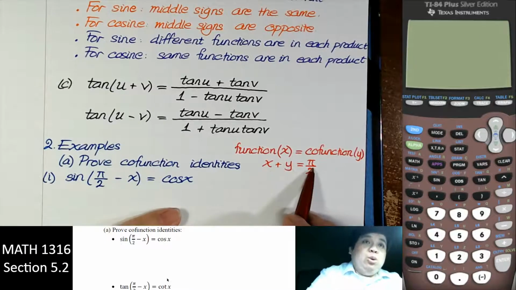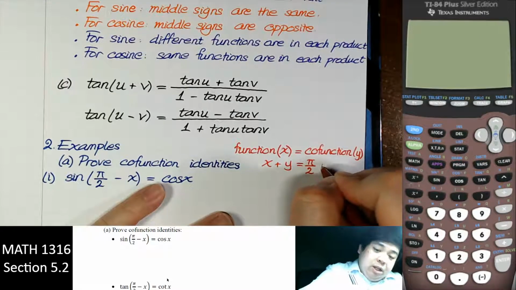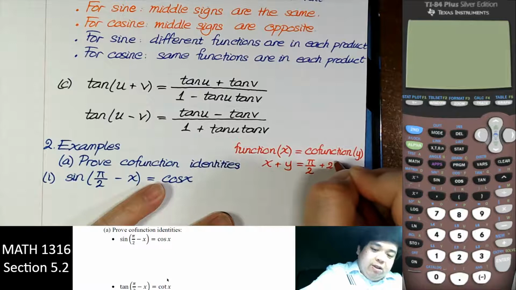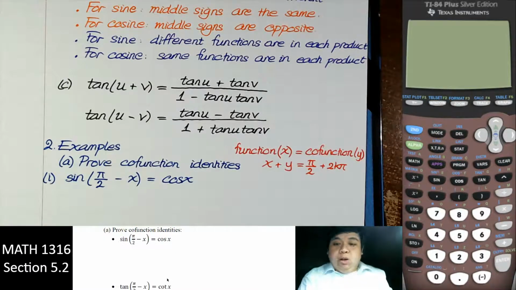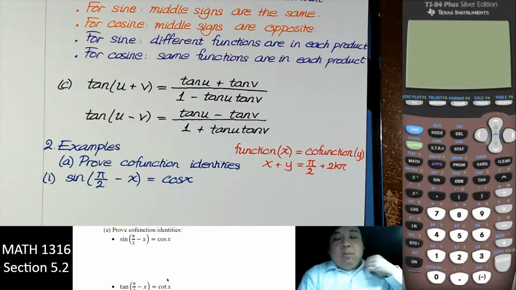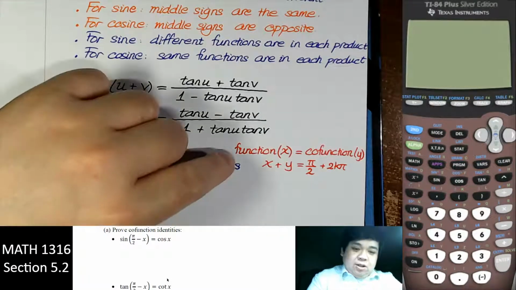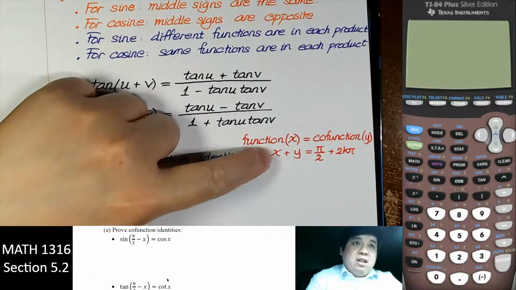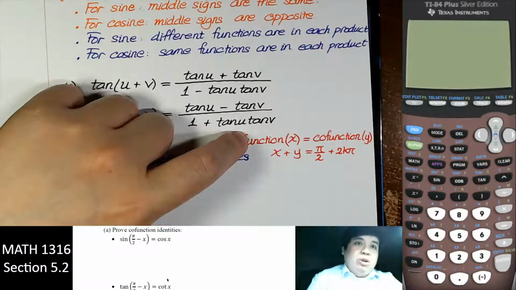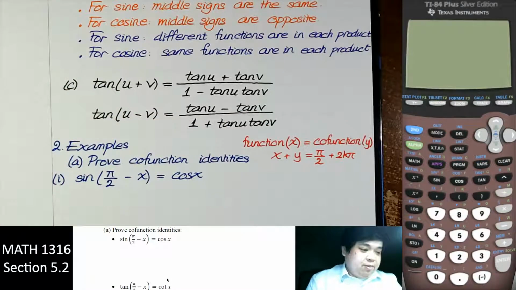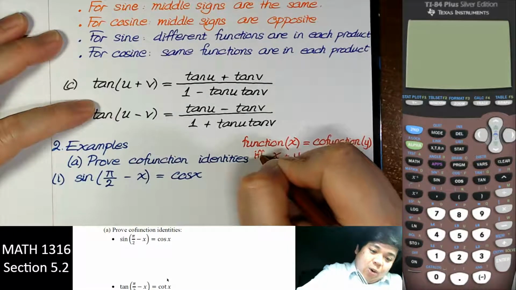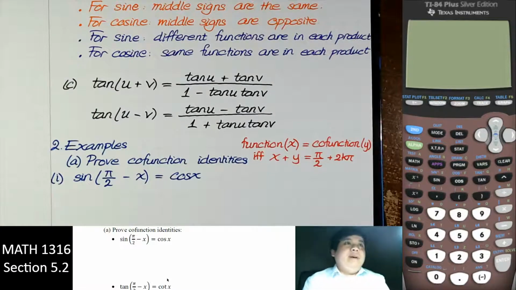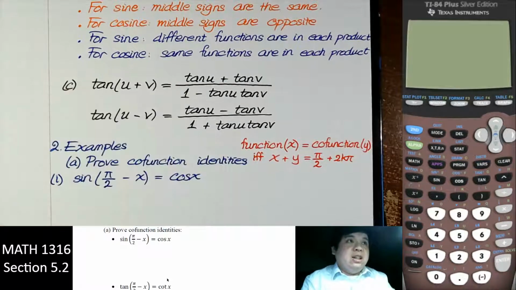They have to add up to pi over 2, or any coterminal angle of pi over 2. So if this is true, then we have that, and if we have that, the other one is true. So those two are an if and only if statement. So that is the co-function identities.